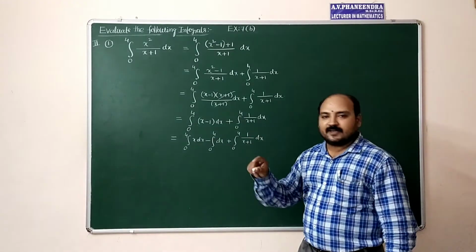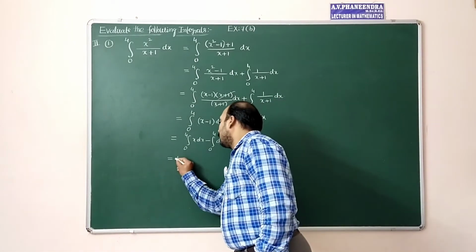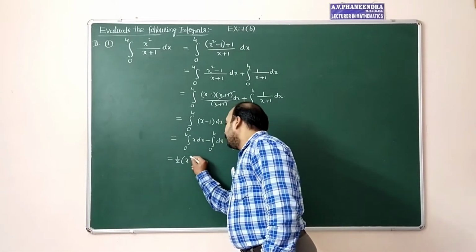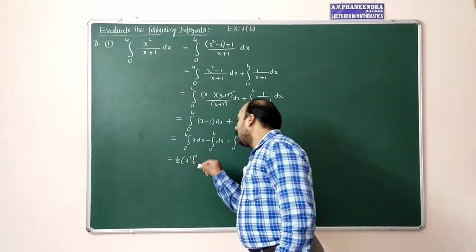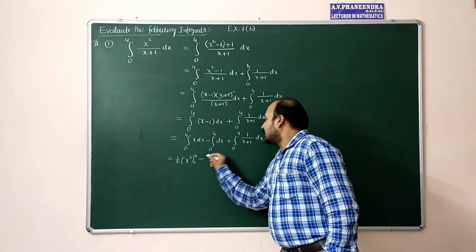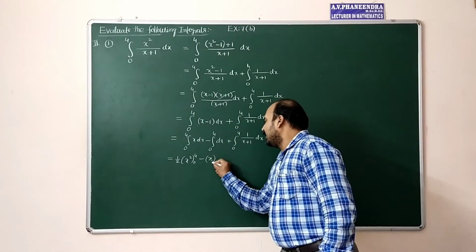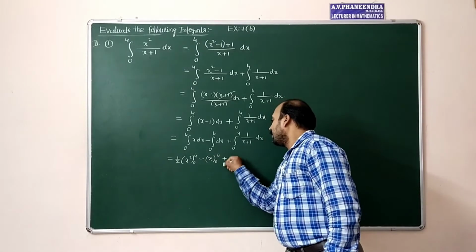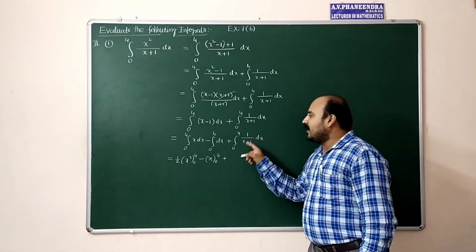Integral x dx is x square by 2. So 1 by 2 x square, applying the limit 0 to 4, minus integral dx is x, applying the limit 0 to 4, plus integral 1 by x plus 1.